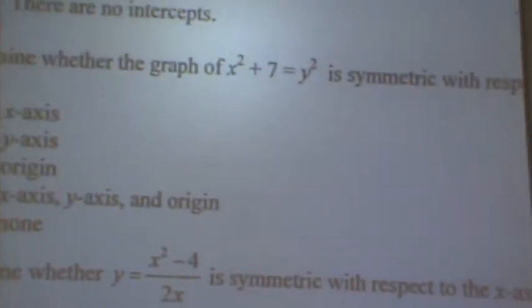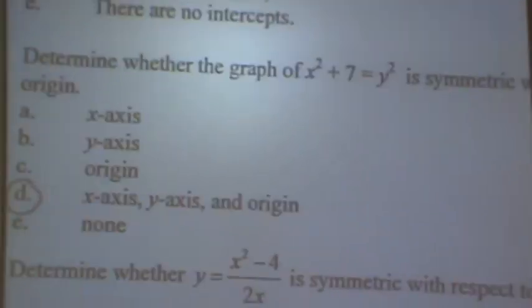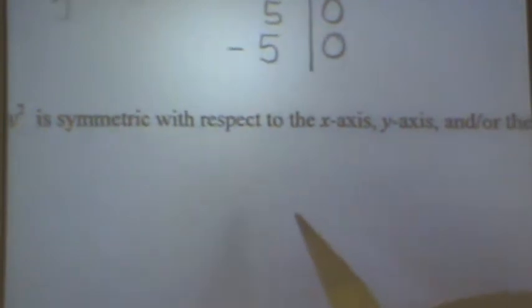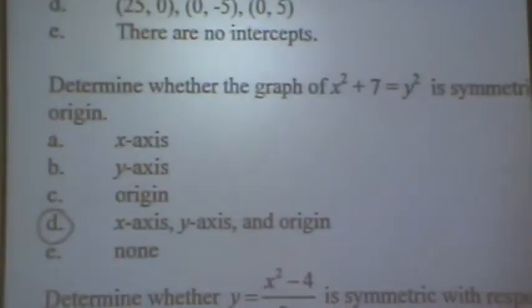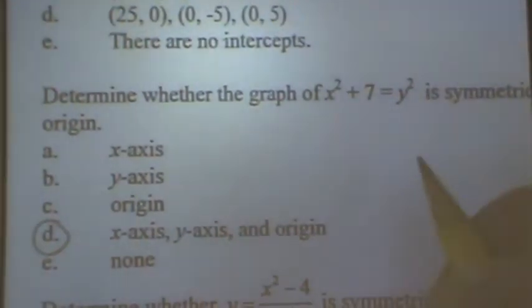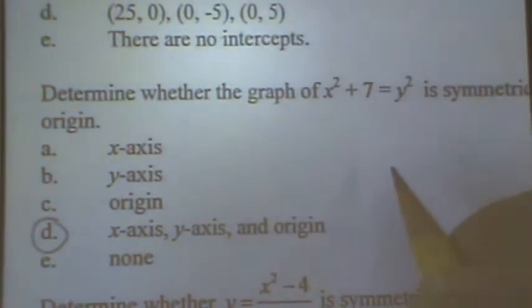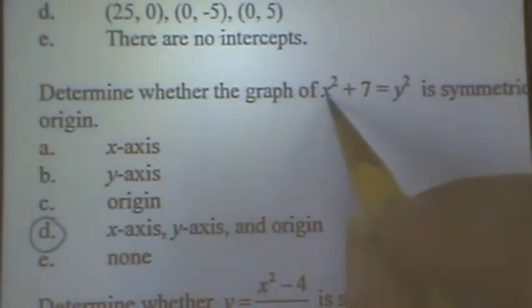Number 10. How do you know if something is symmetrical with respect to the x-axis, the y-axis, or the origin? Well, for this one, to see if it's symmetrical to the y-axis, you replace x with -x.